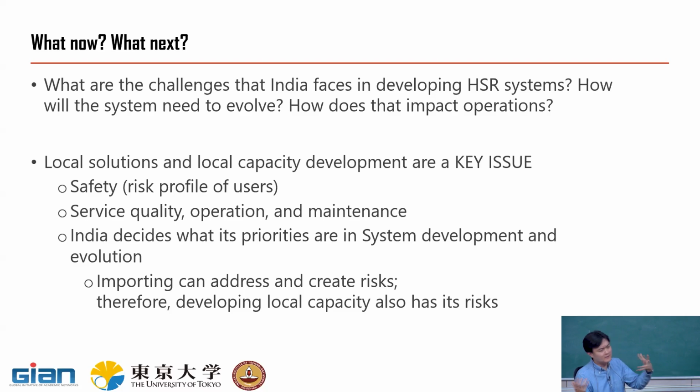Going back to the model, we're always thinking about how this applies to the Indian context, right? What will be the challenges in developing the system? What challenges do you need to address, and therefore how should the system evolve? How does development happen over time, and what does that mean for operations?